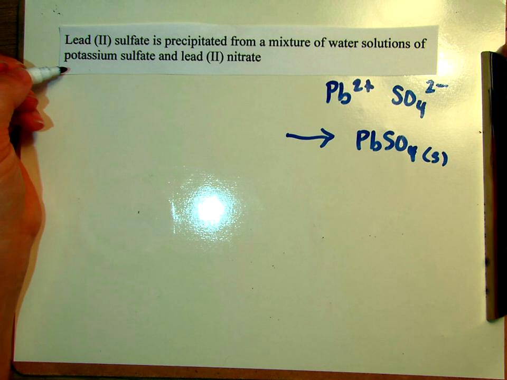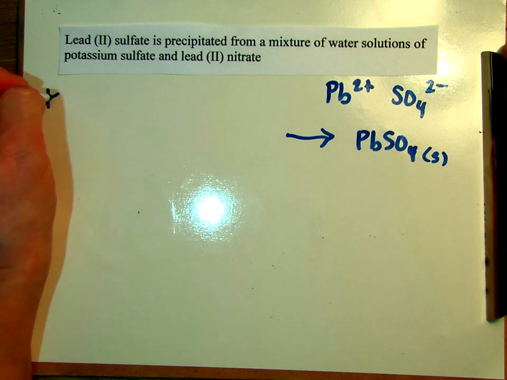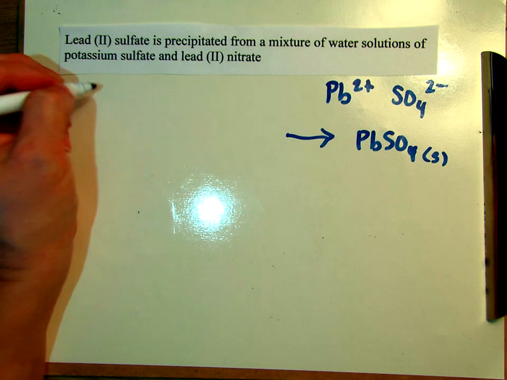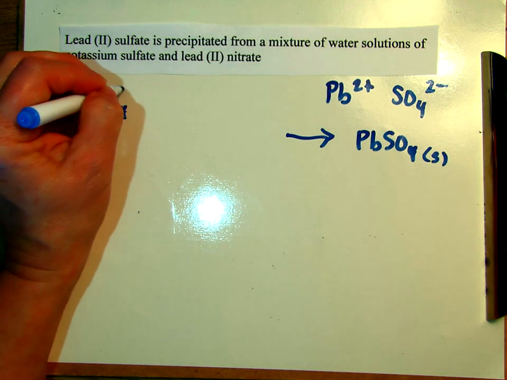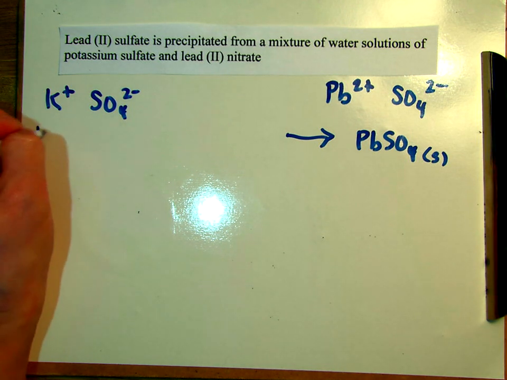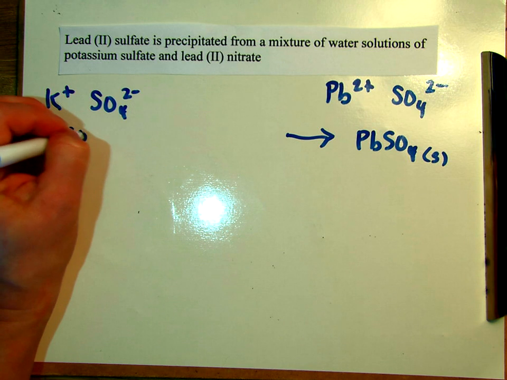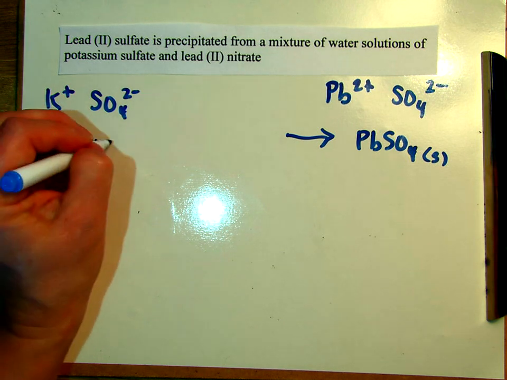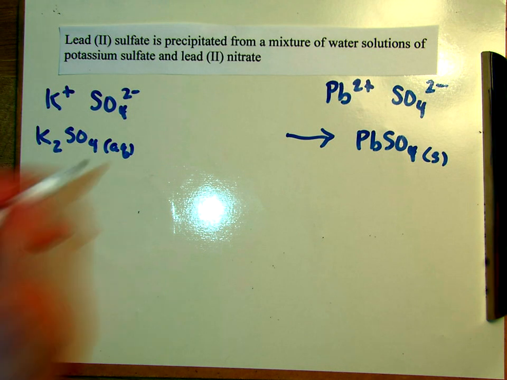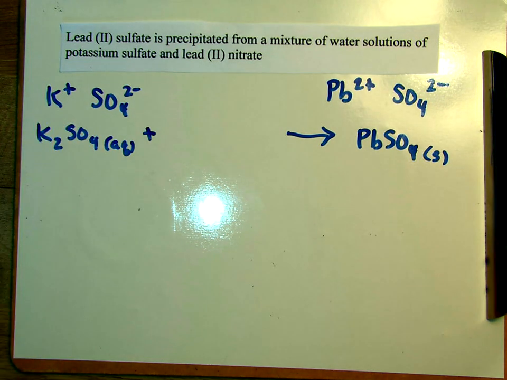Okay, so let's look at potassium sulfate. Potassium is +1 due to its position in the periodic table. Sulfate, as we said before, is SO4 2 minus. So potassium sulfate is going to be K2SO4, and it's going to be aq, which means aqueous, which means dissolved in water. All right, now let's look at our other reactant.